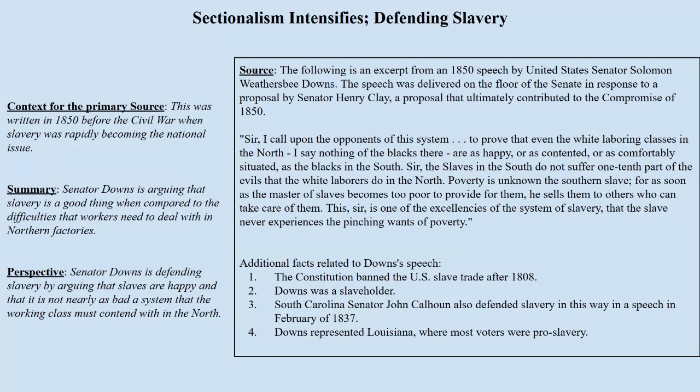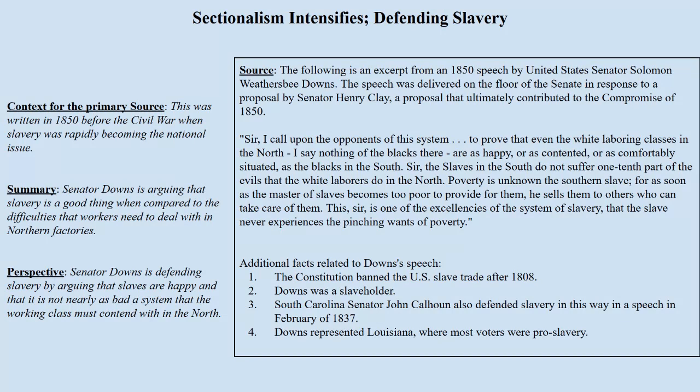Pretty messed up thought process there, because it associates the owner's wealth with the well-being of the slave, which isn't a direct correlation. Think of it in terms of, if someone is very, very wealthy, how much money are they going to spend maintaining their slave quarters and housing and clothing and things along those lines? Probably not that much. So for me, I would disregard this.